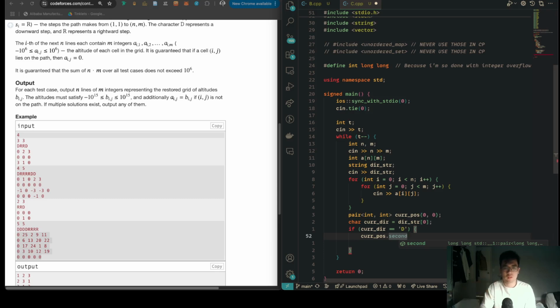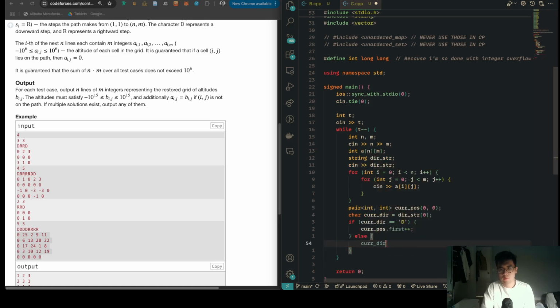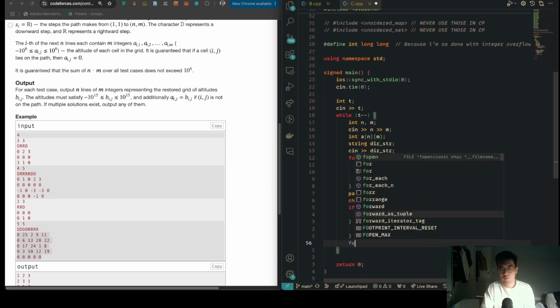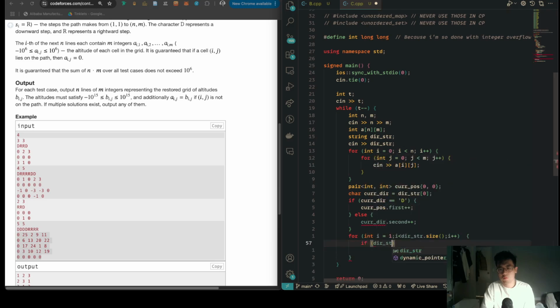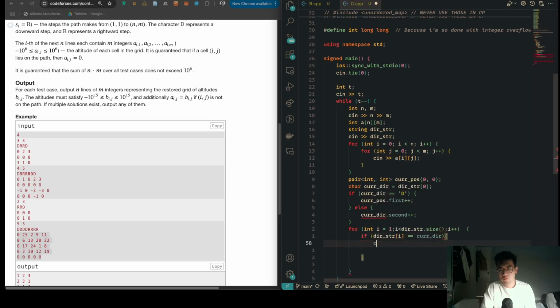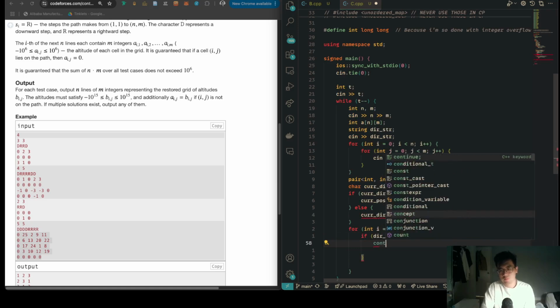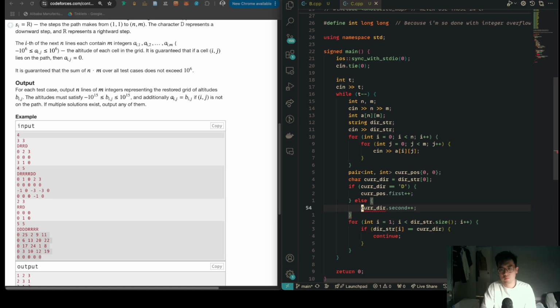So we're going to do row and then column. This is curve pause.